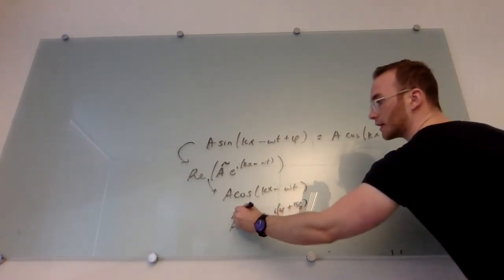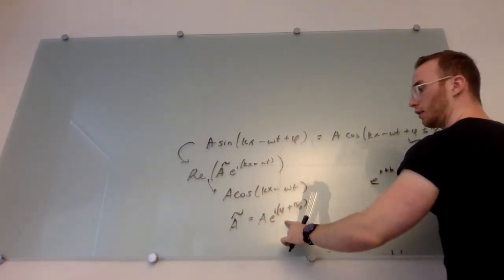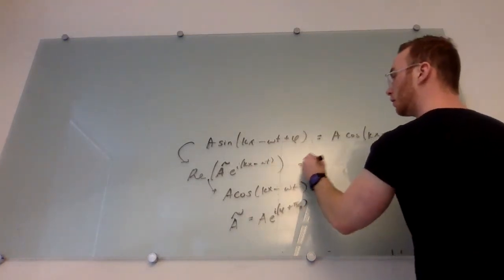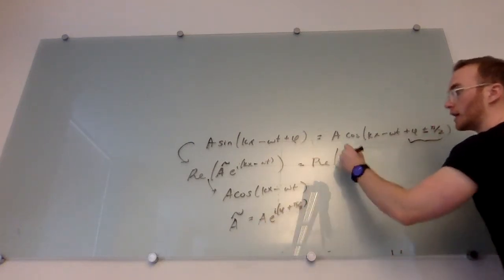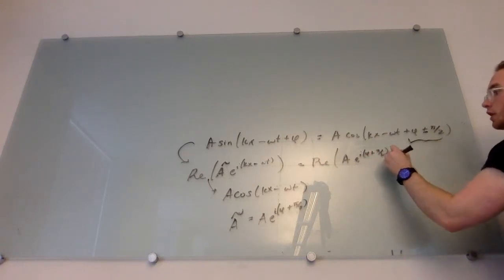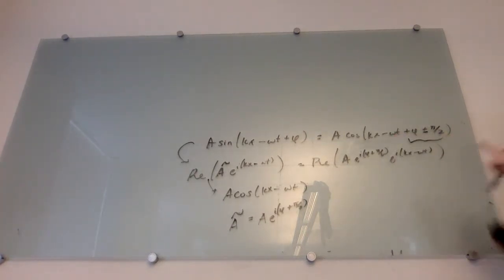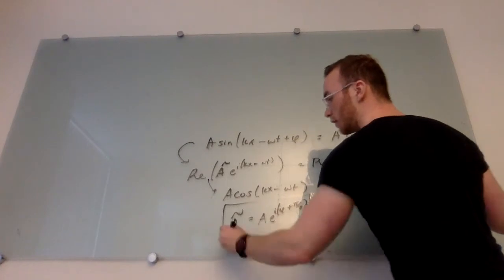If we wrote A tilde as this and plug everything inside RE, we get A e to the i phi plus pi over 2 times e to the i kx minus omega t. And of course, this and this are exactly the same once we take the real part. So this is the substitution we have to do.